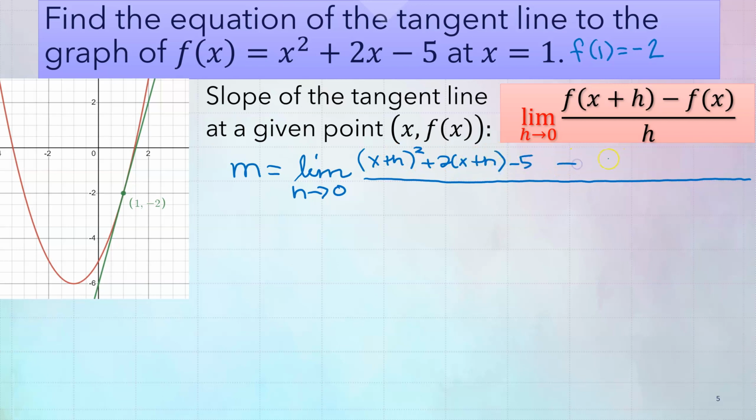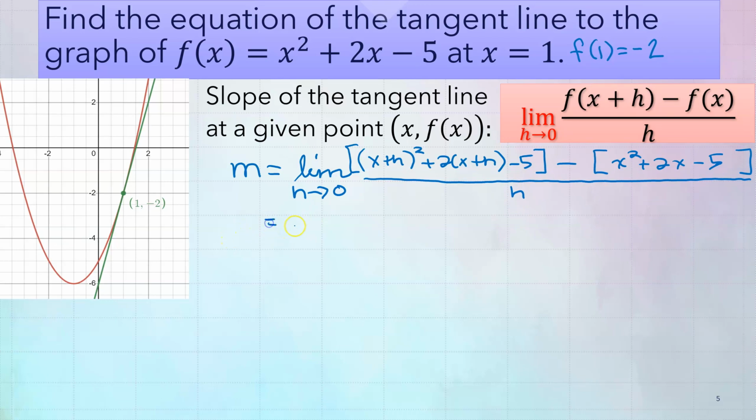And minus f of x, and f of x would be the function itself, which would be x squared plus 2x minus 5, all divided by h. Now what we're going to do is go ahead and expand that out.